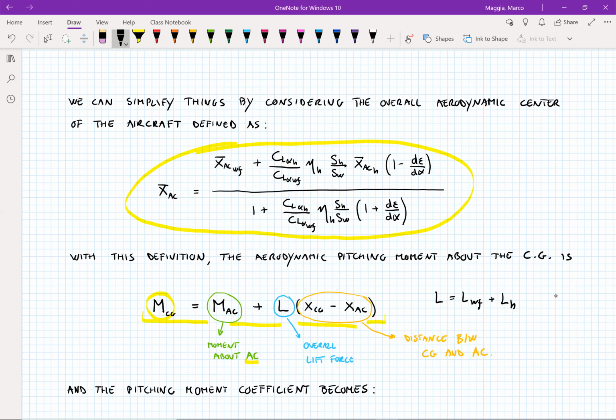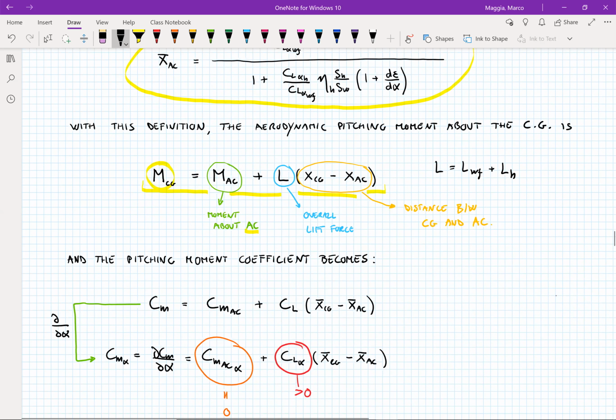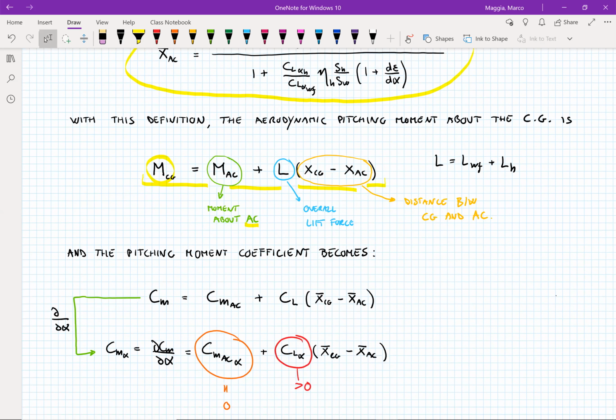All right, so now if we just normalize this equation, so if we make it non-dimensional, then we're left with Cm equal to Cm AC, so the pitching moment about the aerodynamic center, plus Cl times now the normalized distances, so x bar CG minus x bar AC.